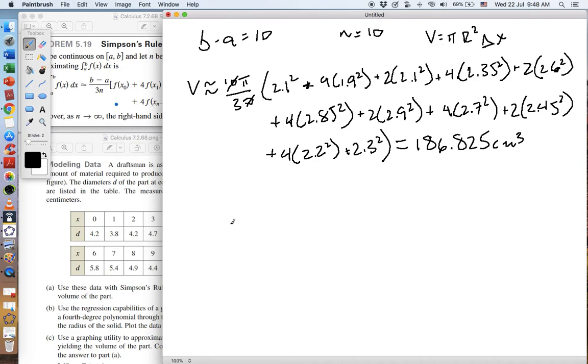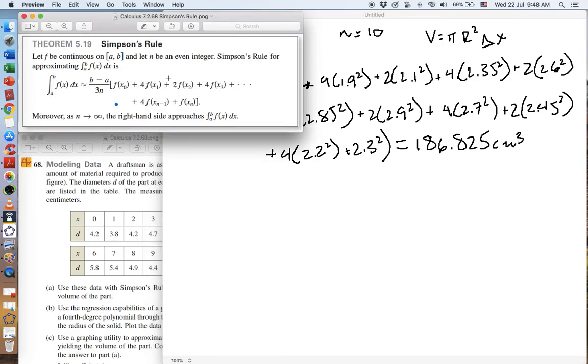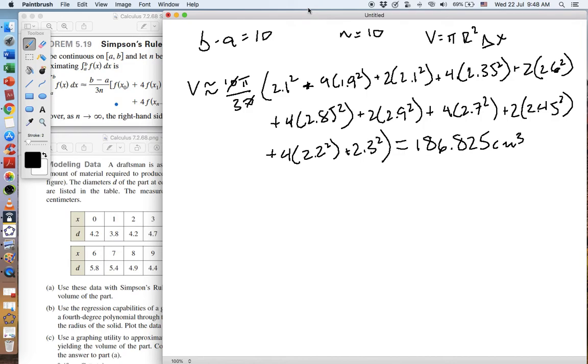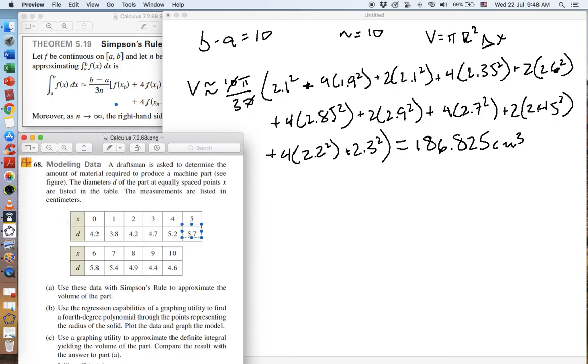But to understand that people spent a long time figuring out these theorems is also important, to pay respect to those who came before, if nothing else. And so we've got an approximate volume of 186.825 centimeters using Simpson's rule.